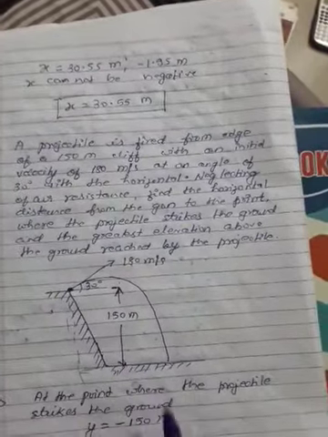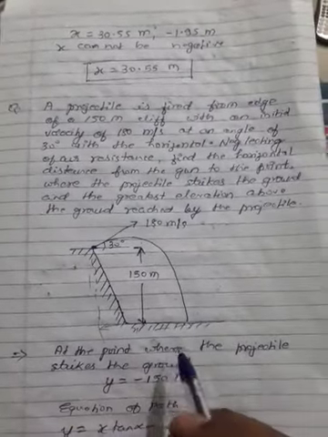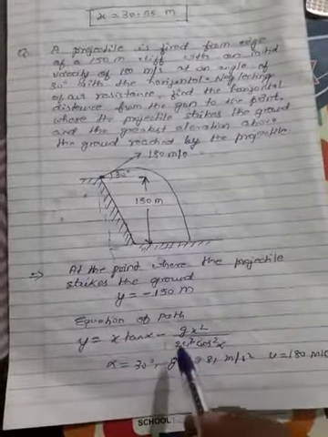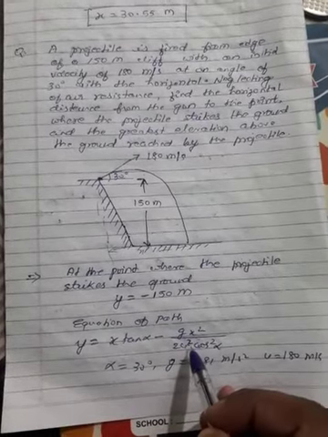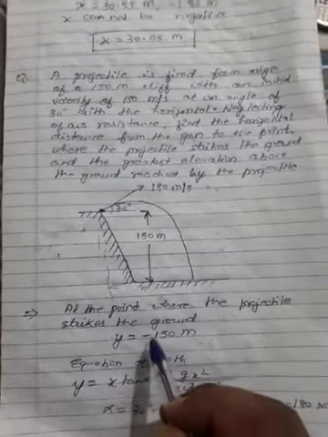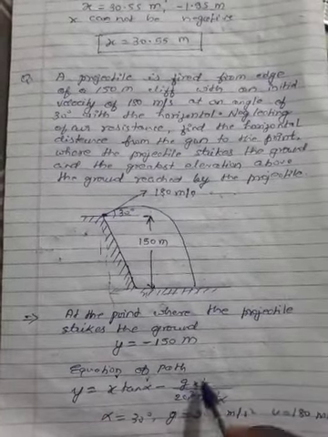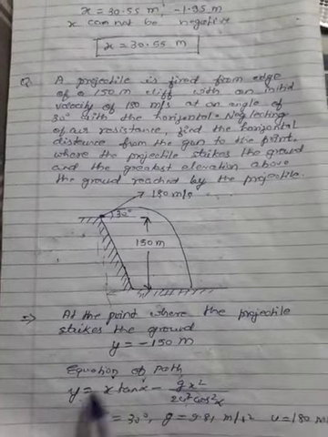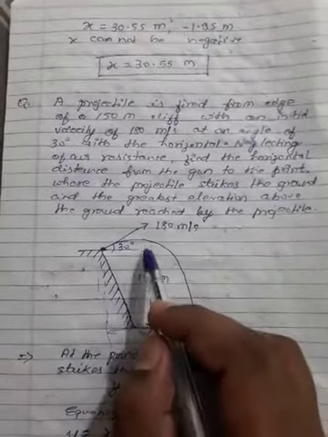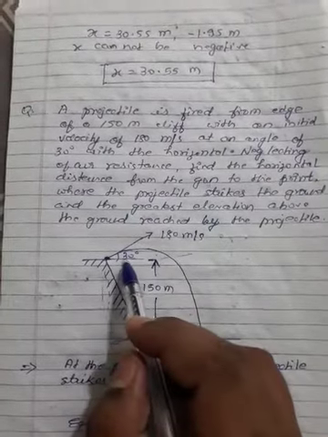For this again I am going to use the equation of path of a projectile, that is y equal to x tan alpha minus g x square divided by 2 u square cos square alpha. Now I have to calculate x; alpha I know, u I know, g I know. Now y is nothing but the vertical distance covered from the point of projection.